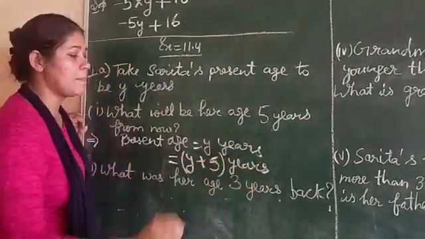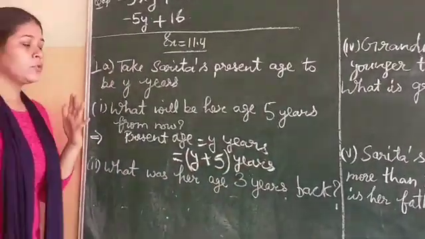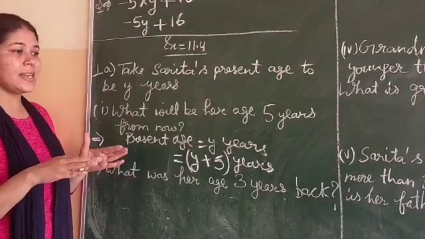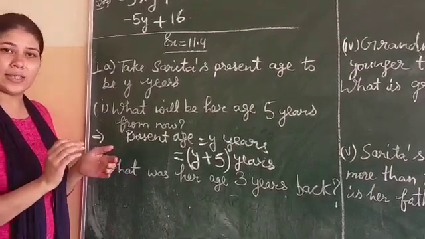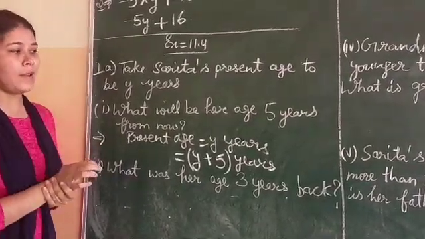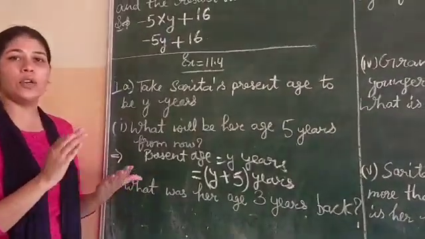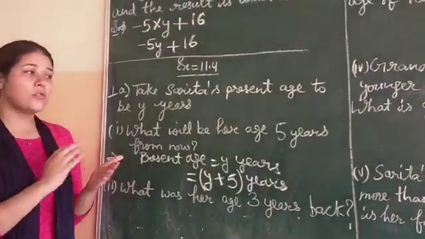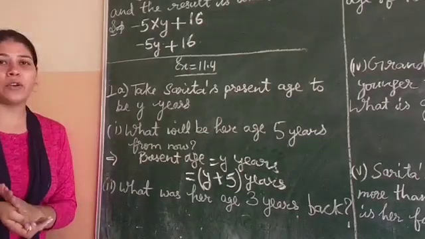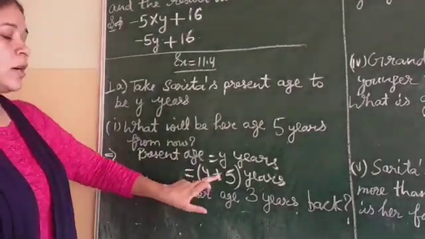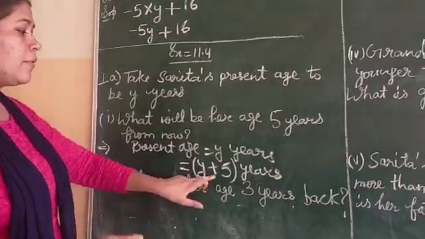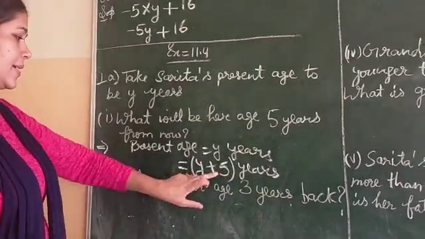Like I am giving you one example. Assume today your present age is 12 years. ठीक है, and I am saying after 5 years what will be your age. So what you will do, you will add 5 in 12, 12 plus 5 is 17. It means after 5 years you will be 17. It means you have to add 5 years in present age.